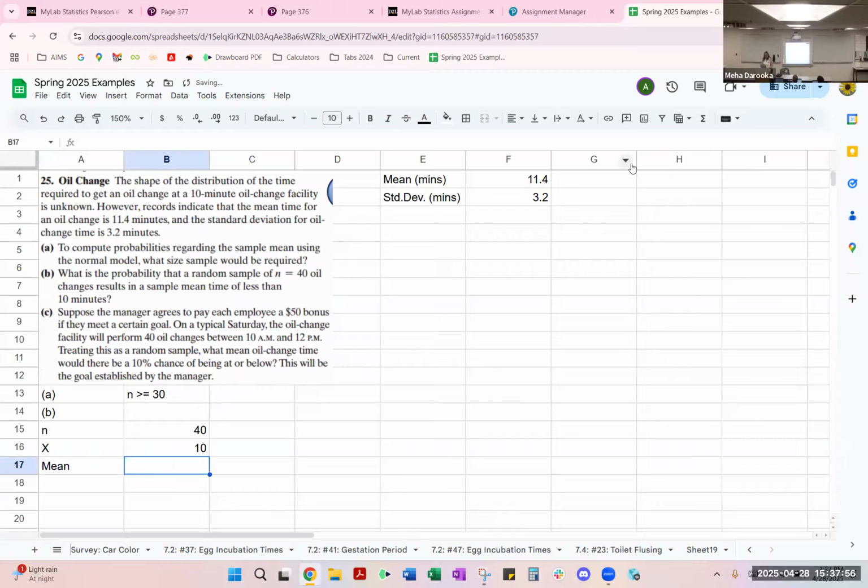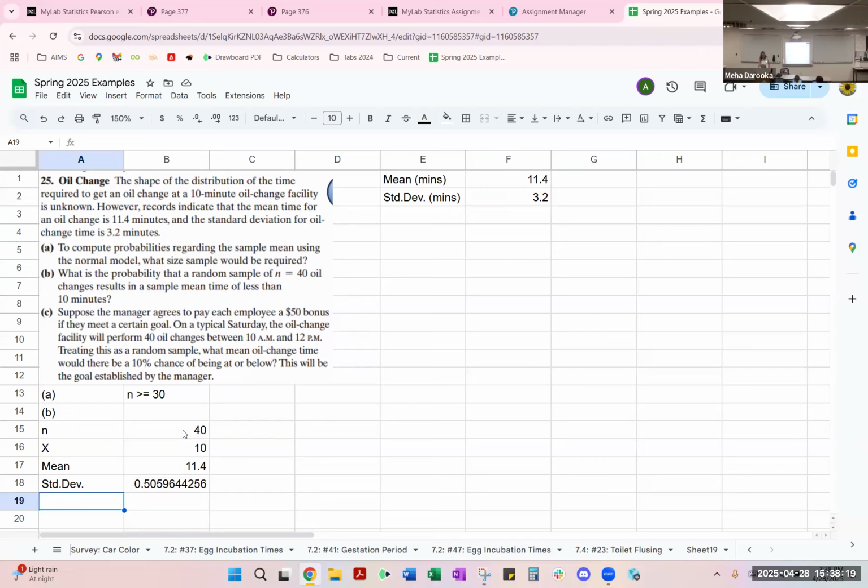Remember, the mean is the same as the population mean, so no calculation there, but standard deviation is where we need to calculate. So you take the population standard deviation and divide it by the square root of your sample size, which is 40. So that gives us our standard deviation.